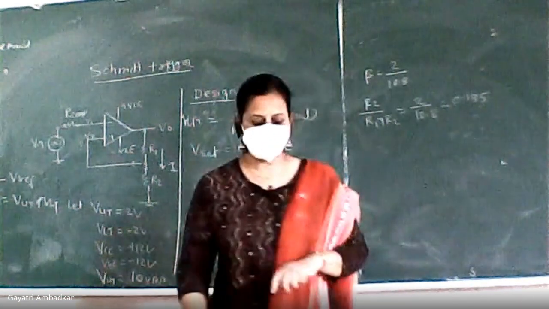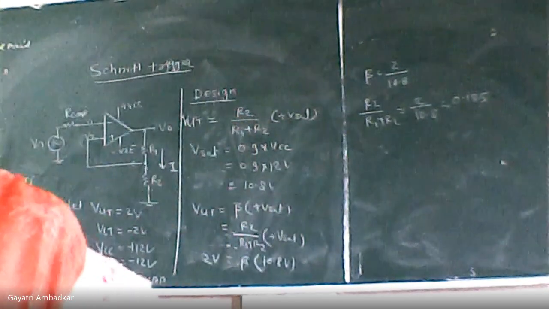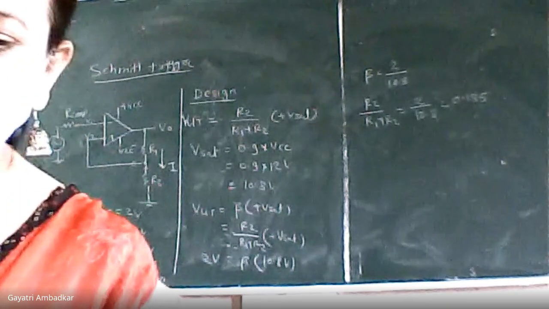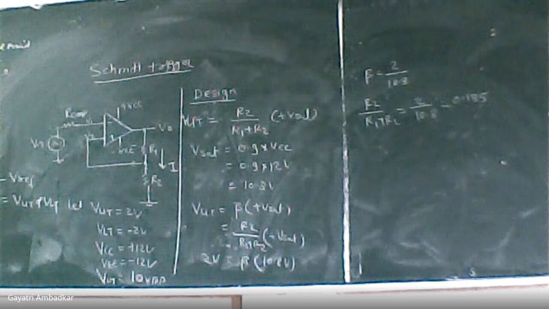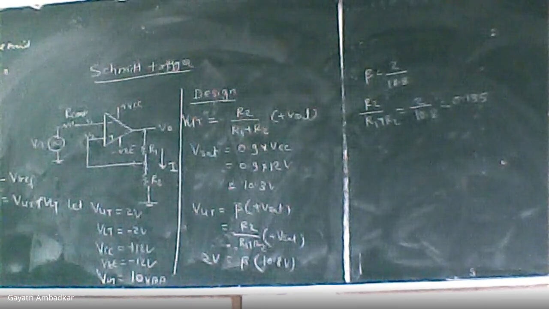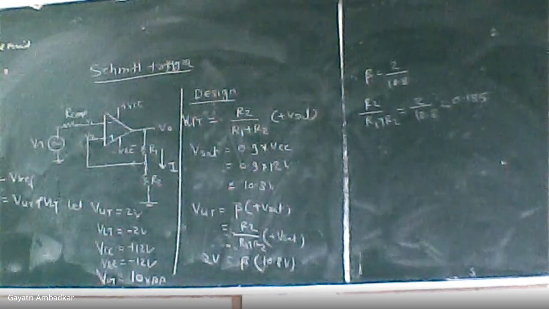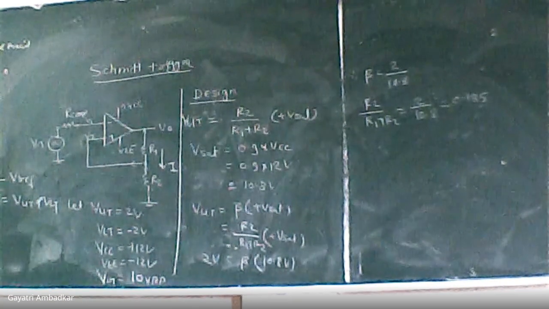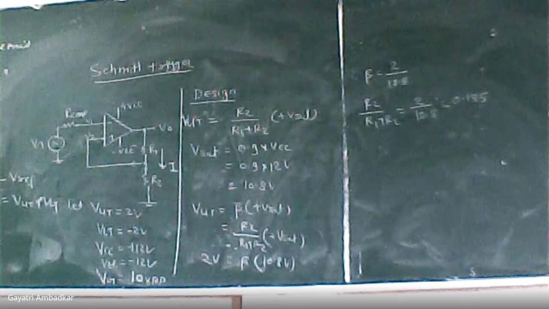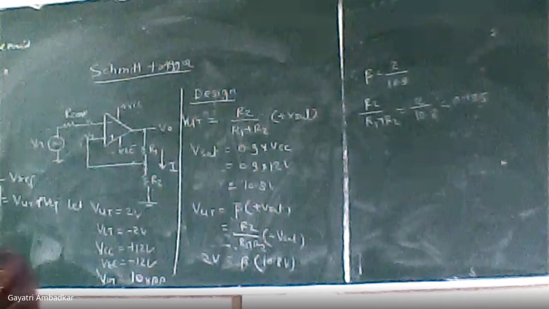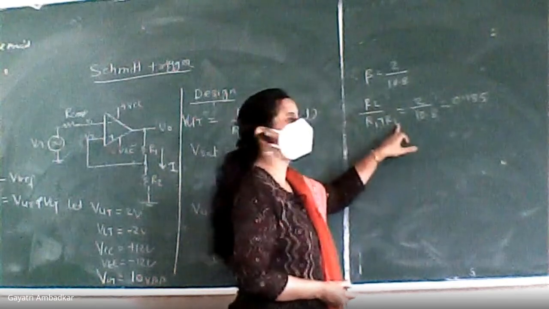Now, whenever it's a design problem and you have to simultaneously find two resistances, then you can assume one and find the other. For example, in this case, let us assume R2 equal to 10 kilo ohm. You can assume any of the resistances, preferably R2, since it is present here two times.